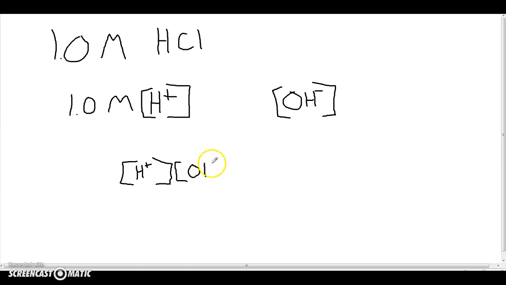Well, we know if it's at room temperature, which is what it's going to be here, that number is always equal to that value, Kw, the dissociation constant of water. You don't need to know that, you can just call it Kw, which is, if you'll remember, 1.0 times 10 to the negative 14th. Again, that number I will give you.